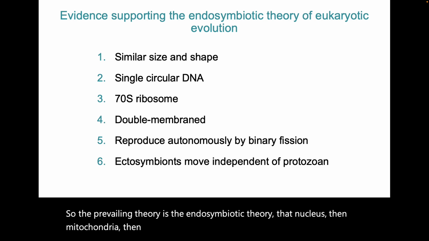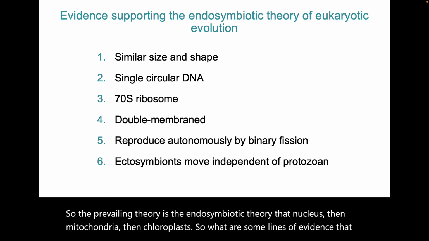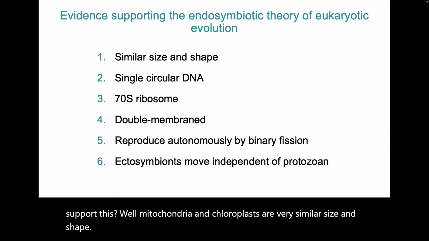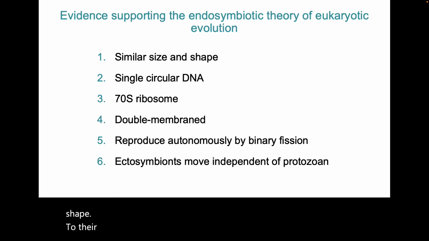So what are some lines of evidence that support this? Well, mitochondria and chloroplasts are very similar size and shape to their theorized bacterial ancestors. Okay. Bacteria, mitochondria, and chloroplasts all have a single circular chromosome.